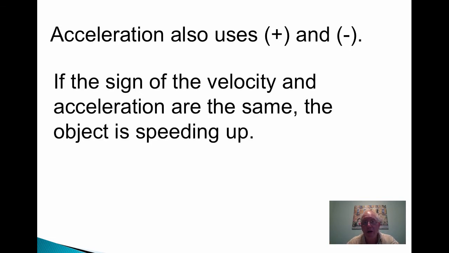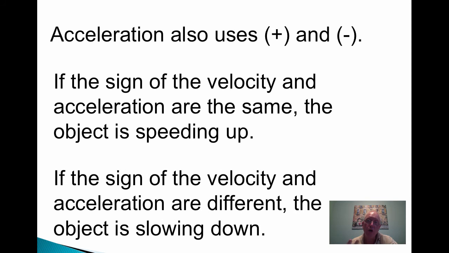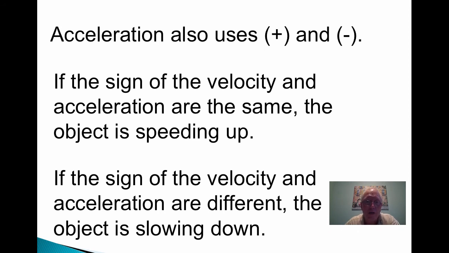So if the velocity and the acceleration are in the same direction, then you are picking up speed. If the signs are opposite each other, then you are slowing down. So that's the deal there. And again, we're going to work that out over many examples, including the one you're about to see.